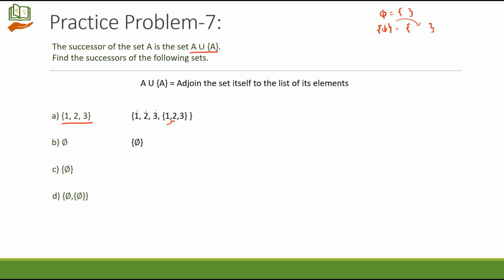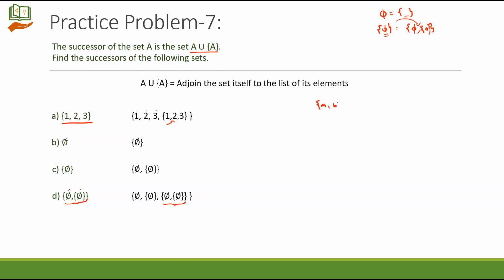How will you insert it? First you have the element null, and then you insert the set itself. You have an element inside, so place the element and then place the set itself as another element. Now what about this one? You have two elements here, so place these two elements and then this set as another element.